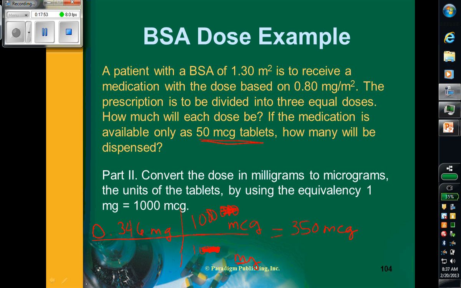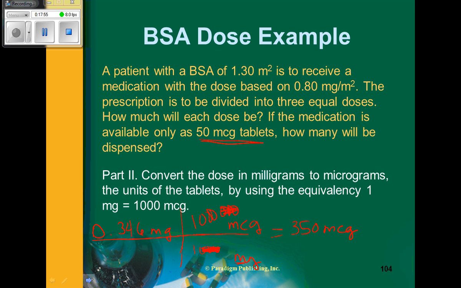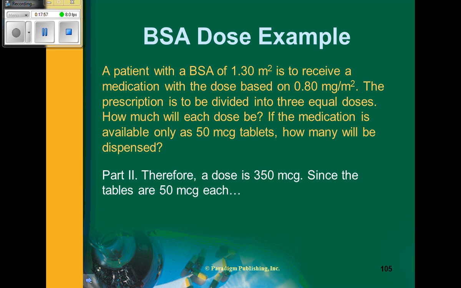Okay, and then next what we'll do here is we'll do the second part of number 2. And so you have, of course, 350 micrograms is the dose. We're trying to find X number of tablets.